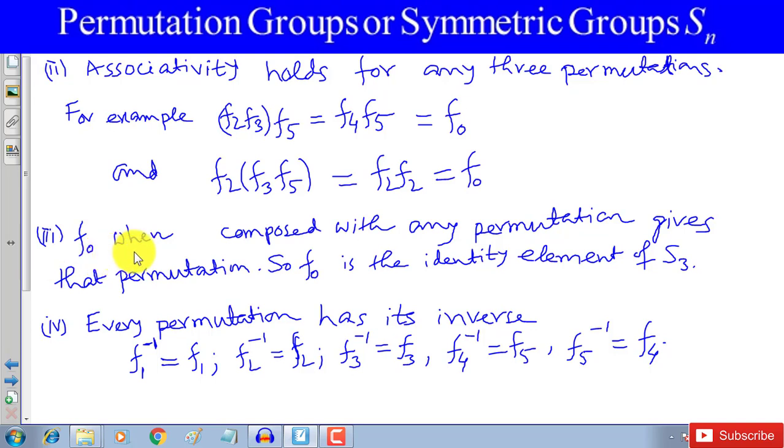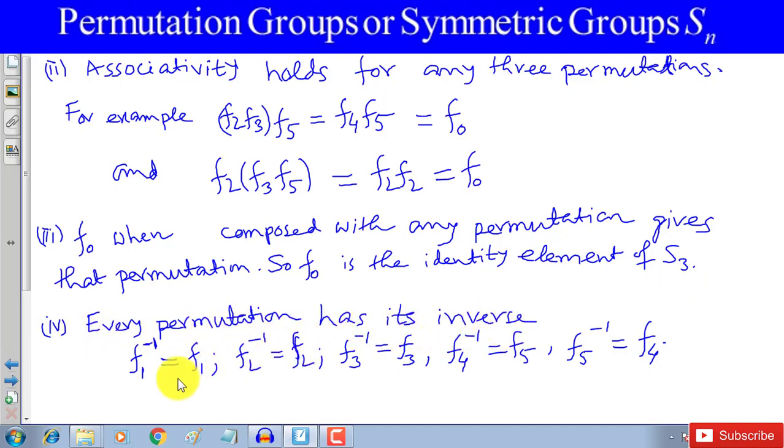f0, when composed with any permutation, gives that permutation. So f0 is the identity element of S3. Every permutation has its inverse.